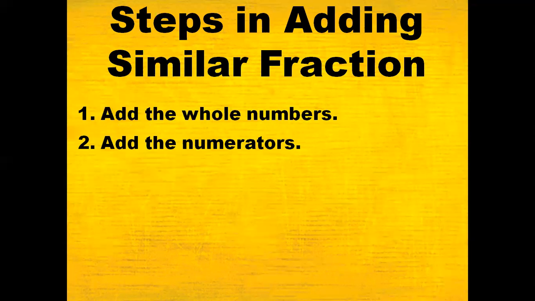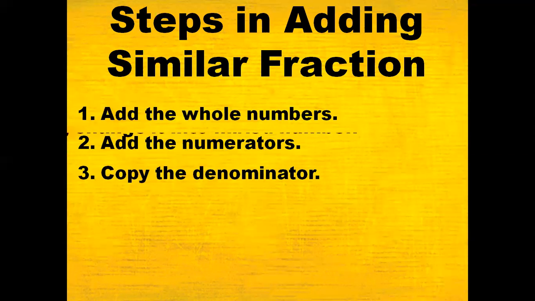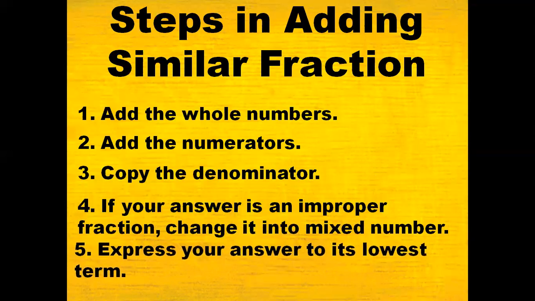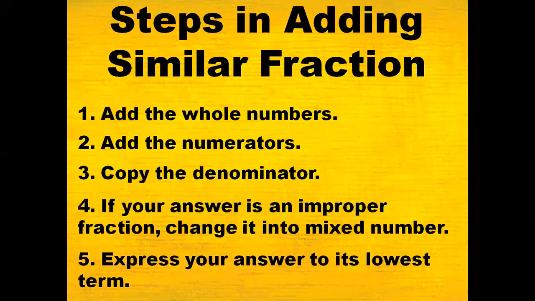Add the numerators. Step number 3. Copy the denominator. Step number 4. If your answer is an improper fraction, change it into a mixed number. And 5. Express your answer in its lowest term.